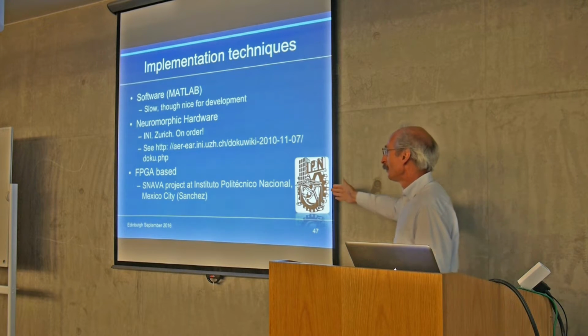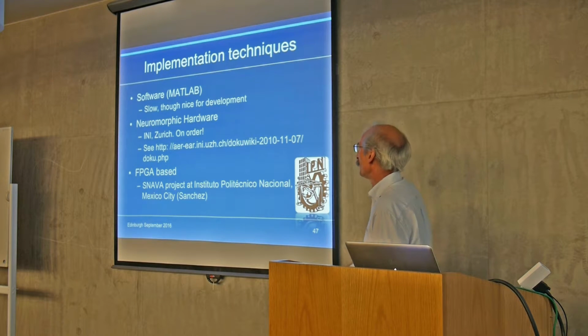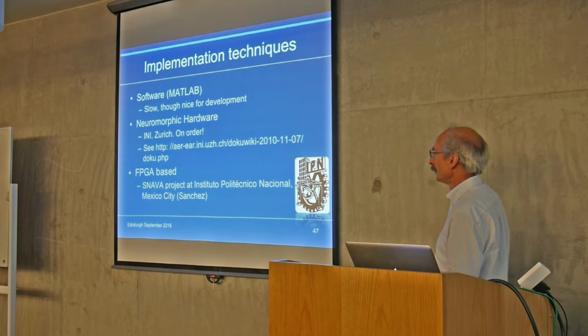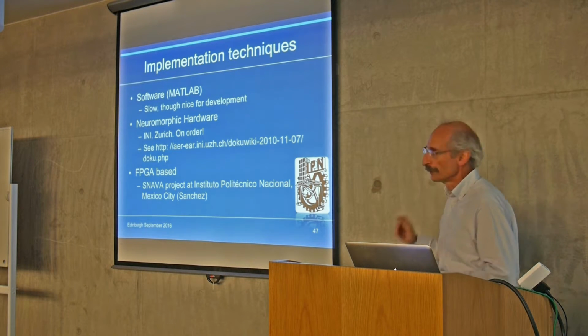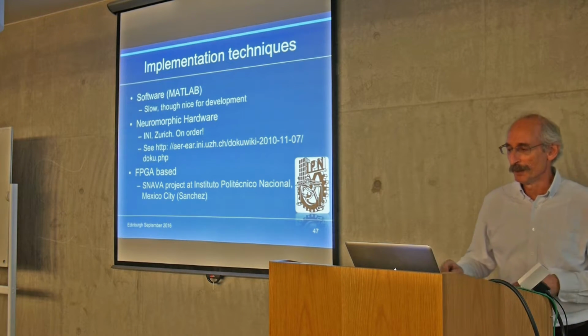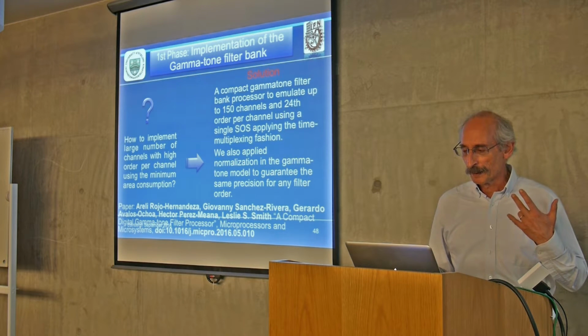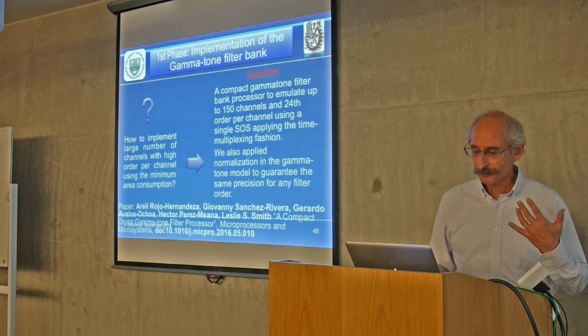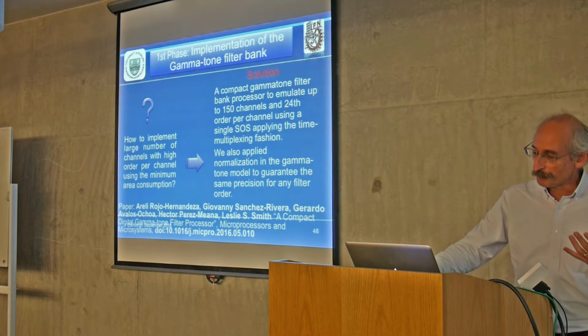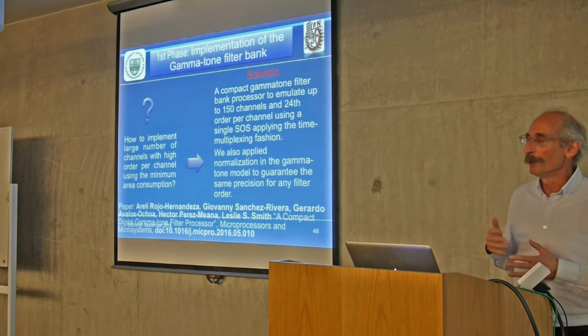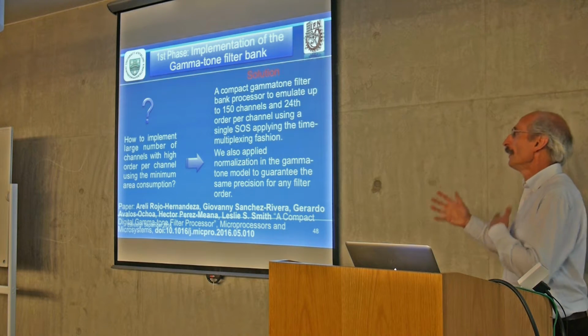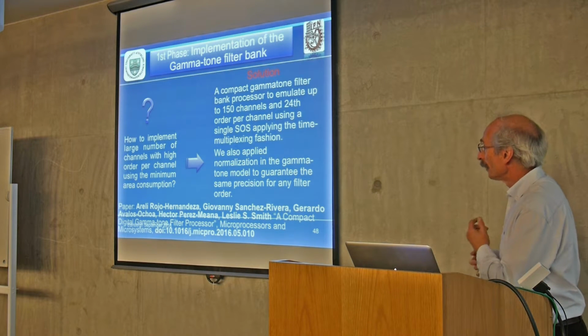In addition to that, I've been working with a group at Instituto Politécnico Nacional in Mexico City who are interested in developing FPGA-based systems. So we've written a paper now, we've got some work done on implementing a large number of channels using FPGAs to work in real time.